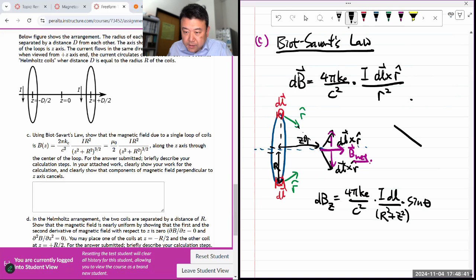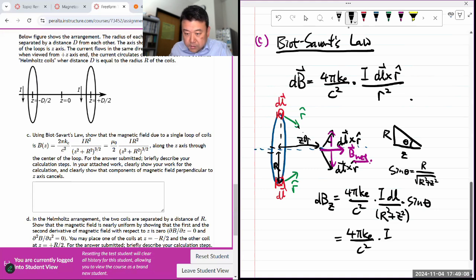And the triangle that will help me figure out that sine theta later is this triangle theta, RG. So sine theta should end up being the r divided by the square root of the hypotenuse, r squared plus g squared. So with all that, dB is 4 pi ke over c squared.